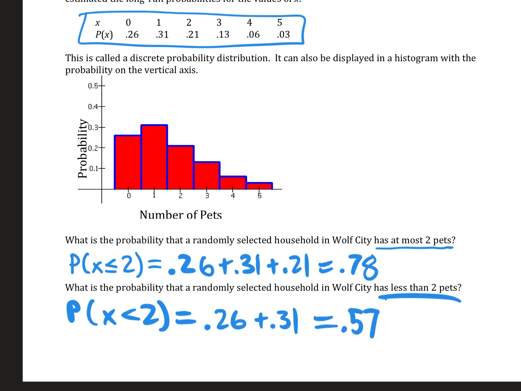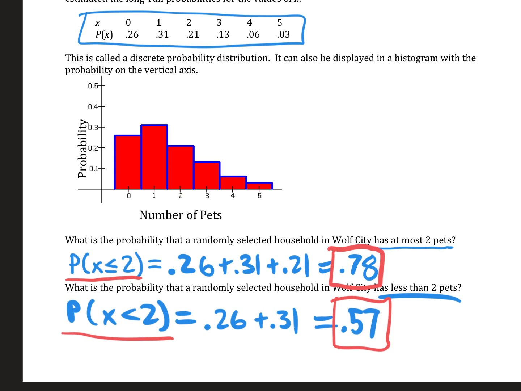All right, so the key thing I want you guys to take away from this is that when you include 2, notice it makes a big difference in the final answer. And that will only happen for discrete data. So including 2 versus not including 2 makes a big difference. When we get to continuous data, these 2 questions would have the same answer.